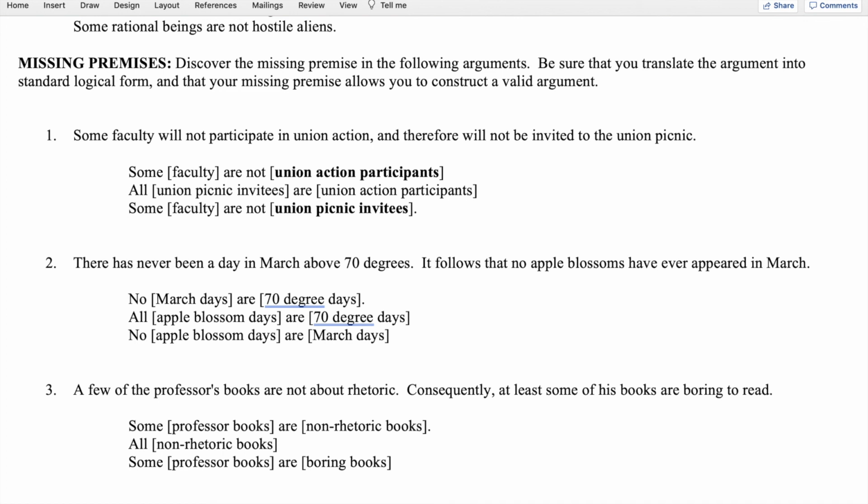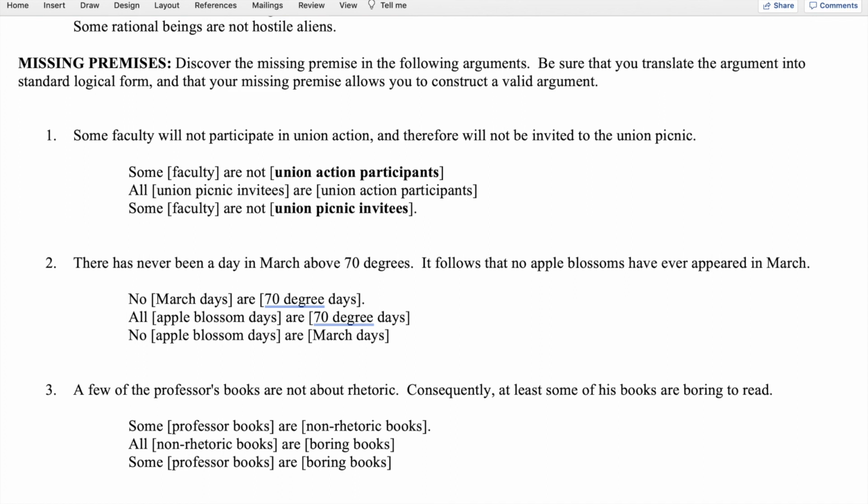And if we just move it right up into the predicate position of the universal affirmative, it would also not be distributed, making it equal with its appearance in the conclusion. And then we have a valid syllogism with the missing premise. All non-rhetoric books are boring books.